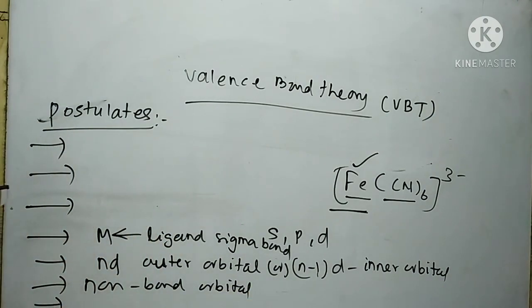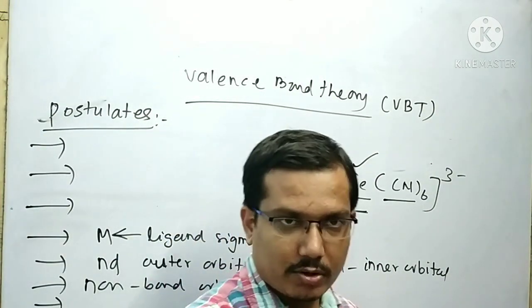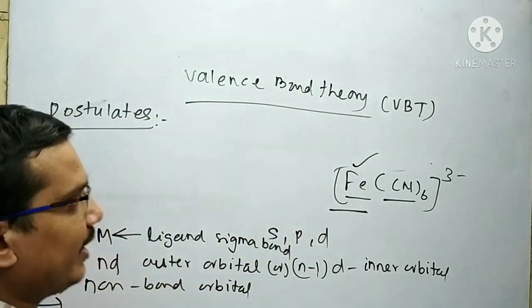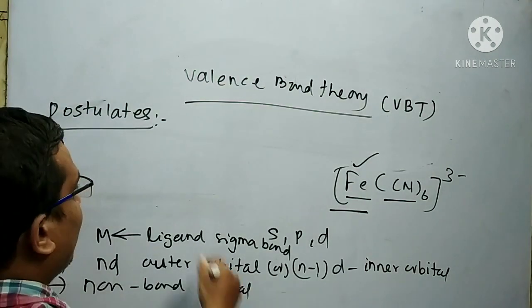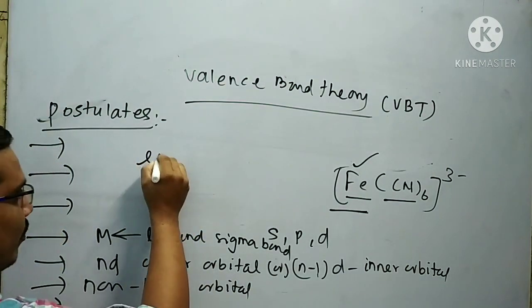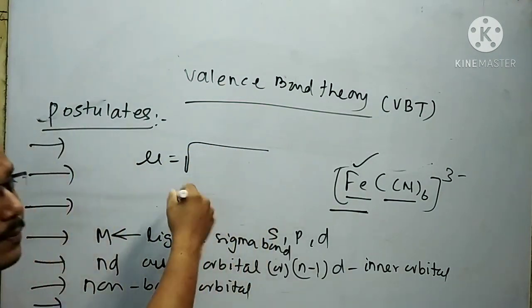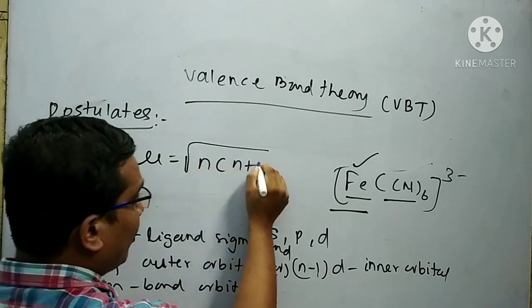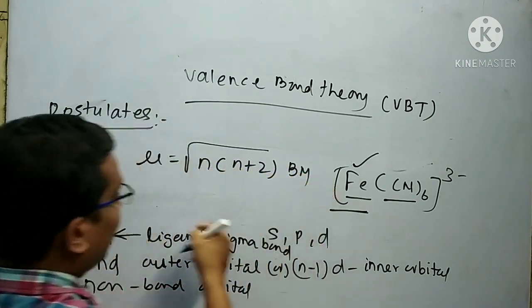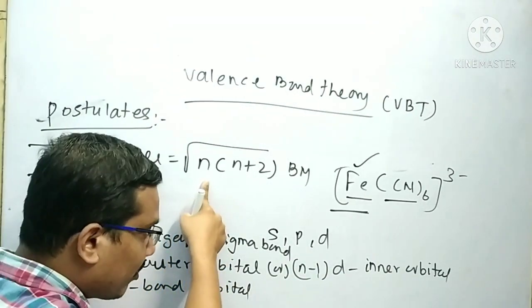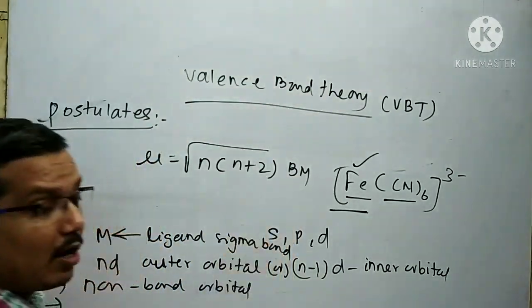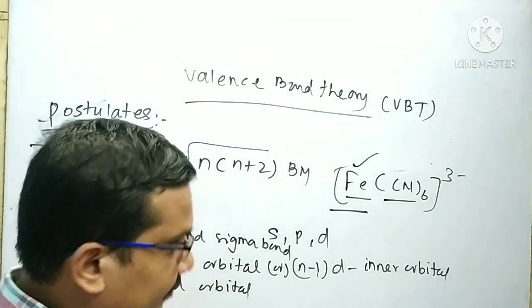Next, the number of unpaired electrons can be calculated from magnetic moment measurement. The magnetic moment mu equals root over n(n+2) BM, where n is the number of unpaired electrons and BM is the Bohr magneton.